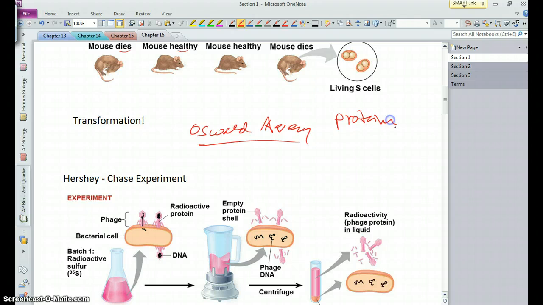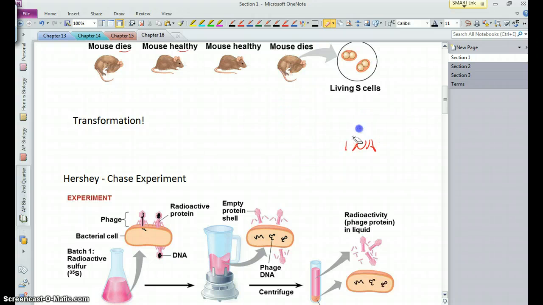Particularly, he was separating out proteins from the DNA. And so he's curious, which of these two is the transforming agent? And when he exposed the non-pathogenic bacteria to proteins, nothing happened. They stayed that way. But when he exposed them to DNA from the pathogenic bacteria, the non-pathogenic type were transformed. So he essentially demonstrated that DNA was the transforming agent in these bacteria.